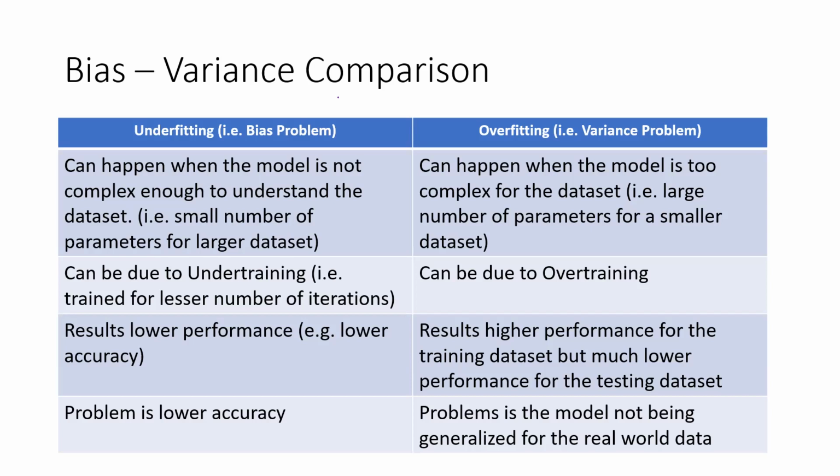And when the number of parameters is too large, then the model can fit all the data points, but that is for the training data set. Once you have trained, it will have a very low error for the training data set.